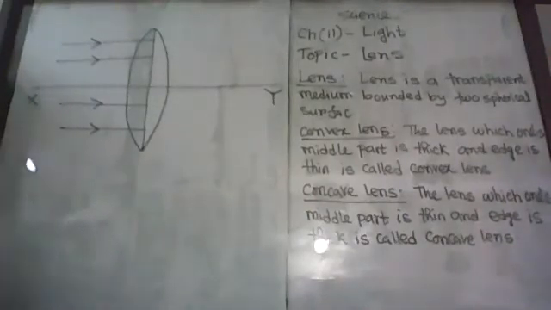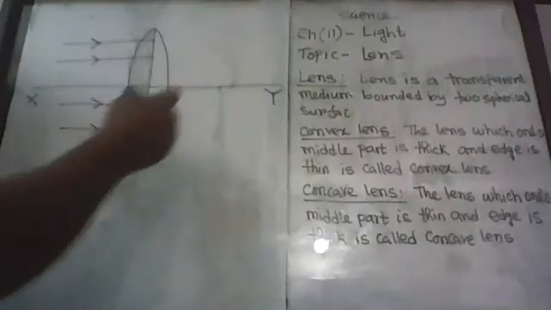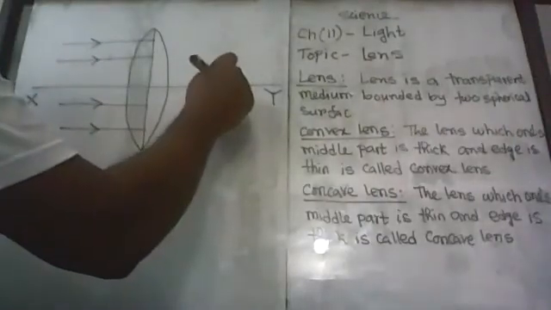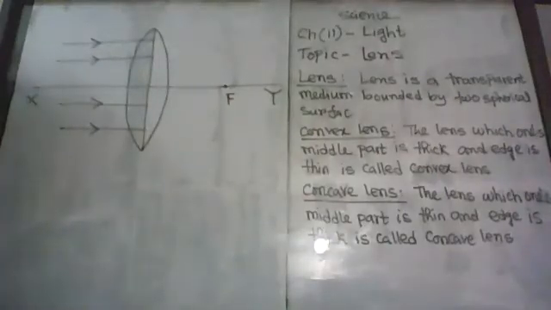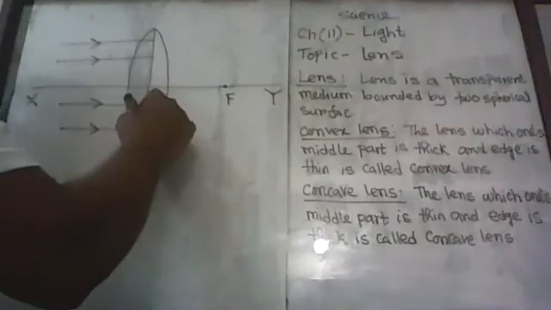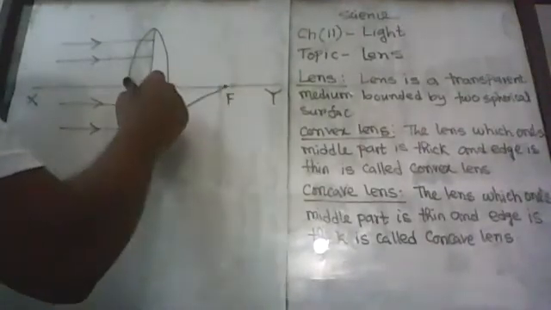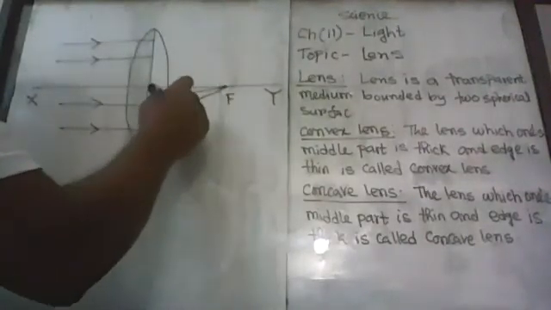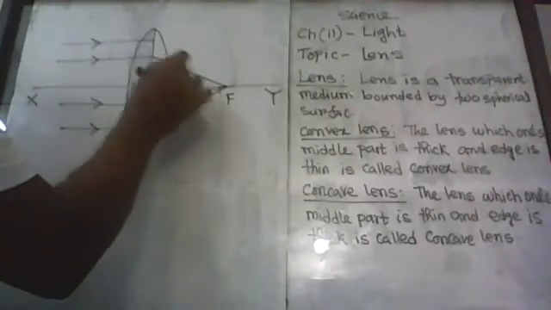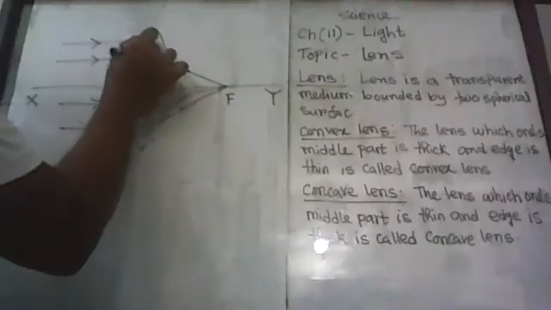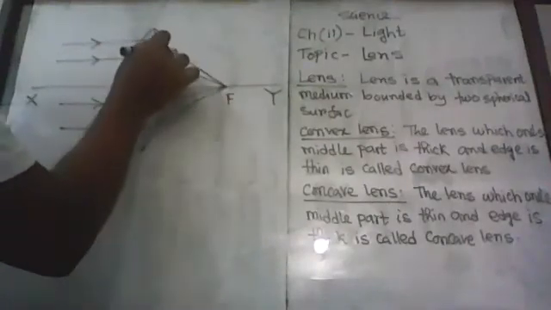After being incident on the lens and after refraction, you see this? All of the light rays meet at a particular point on the principal axis, and that point is called the focus point. So all the rays of light coincide on the focus point.